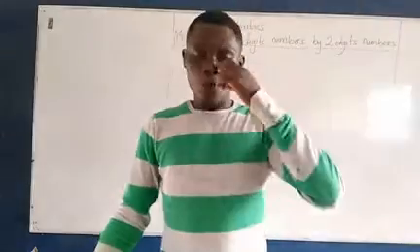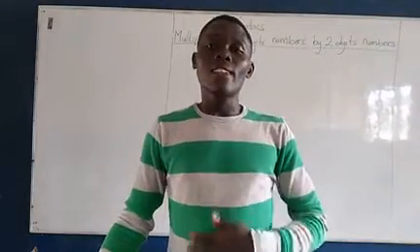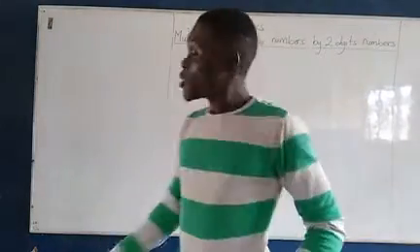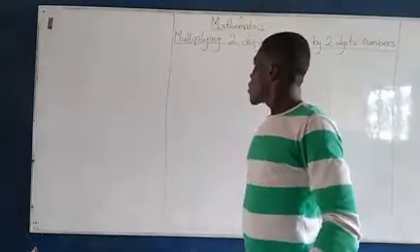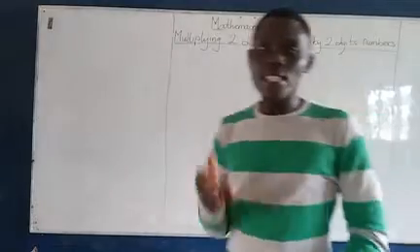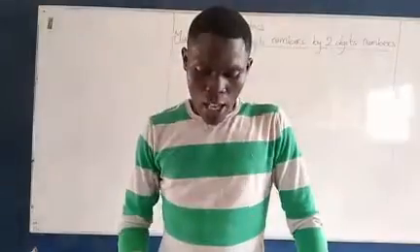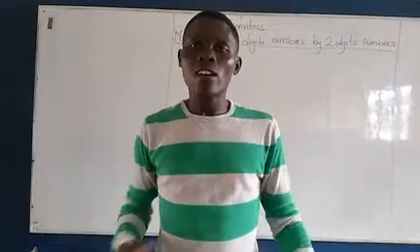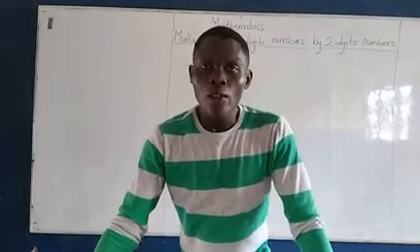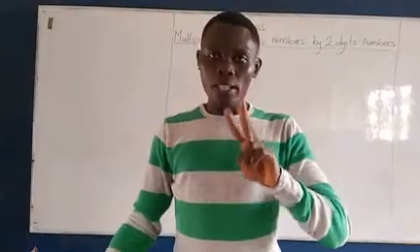We are here to continue with what we did last week on multiplication. Multiplying 2-digit numbers by 2-digit numbers, and I explained to you earlier that for you to multiply you have to get two factors.